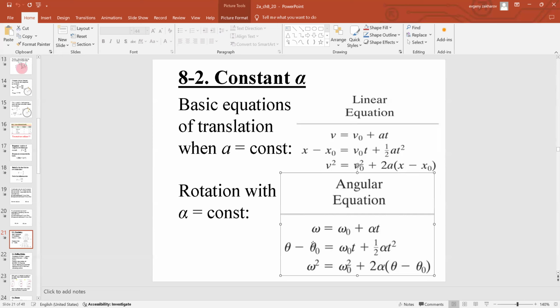For the angular change in position, it's the angular initial velocity times the time plus 1/2 angular acceleration times t squared. So exactly the same set of equations, just flip from linear parameters to angular parameters, replace them, and that's all you need to solve all the rotational problems, or rotational kinematics problems.